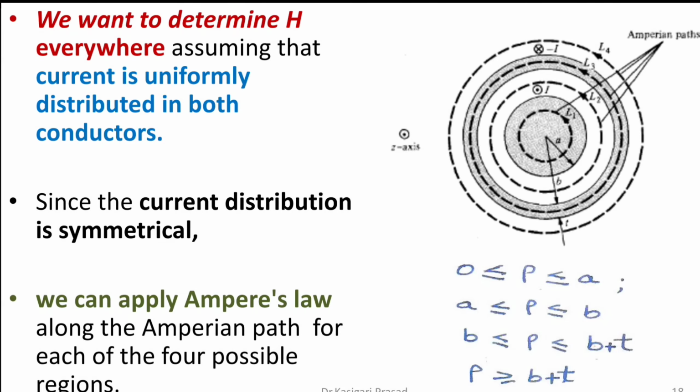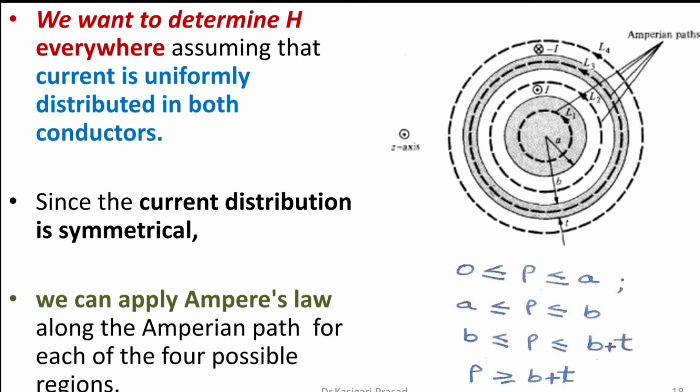If we consider the magnetic field inside the inner conductor, that means less than radius a. Okay, next we are going to consider above the inner conductor radius and less than the outer conductor radius, so it is ranging between a and b.